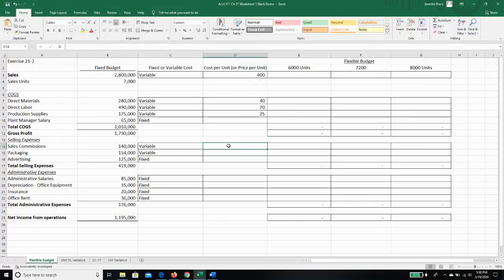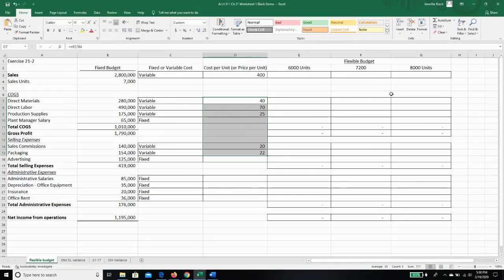Then I'll do it for my sales commissions, which are going to be $20 per unit, and my packaging is going to cost me $22 per unit. That is some pretty expensive packaging. All right, so now I know my price per unit in the case of sales and my cost per unit in the case of my variable product costs and selling costs.